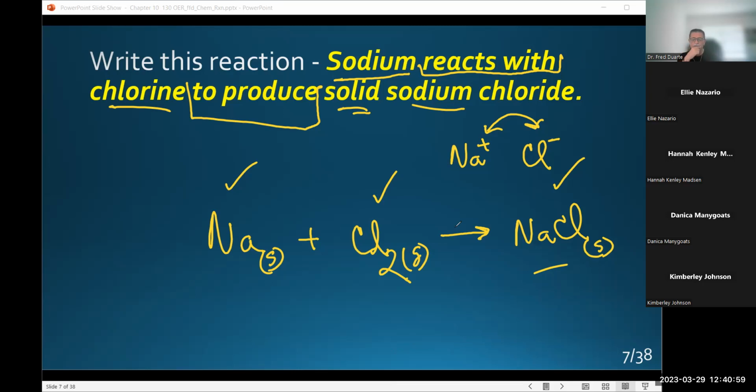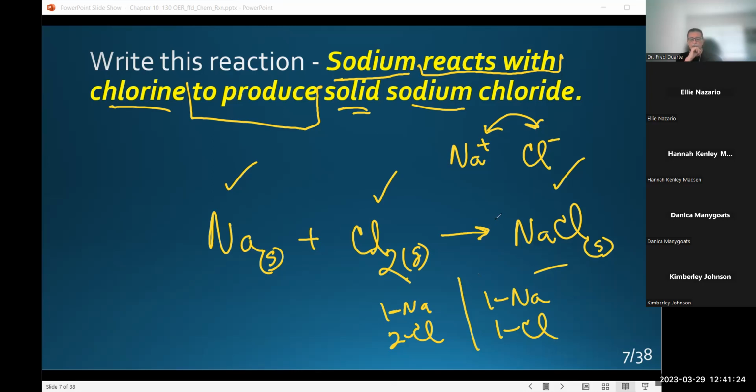All right, now we need to balance it. So we have 1 sodium and 2 Cls on the reactant side, and 1 sodium and 1 chloride on the product side. So our sodiums are okay, except the Cls are not.